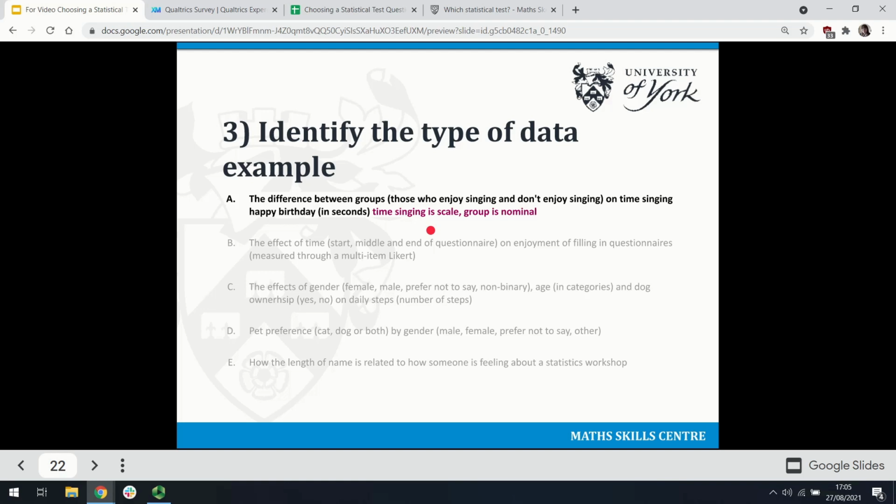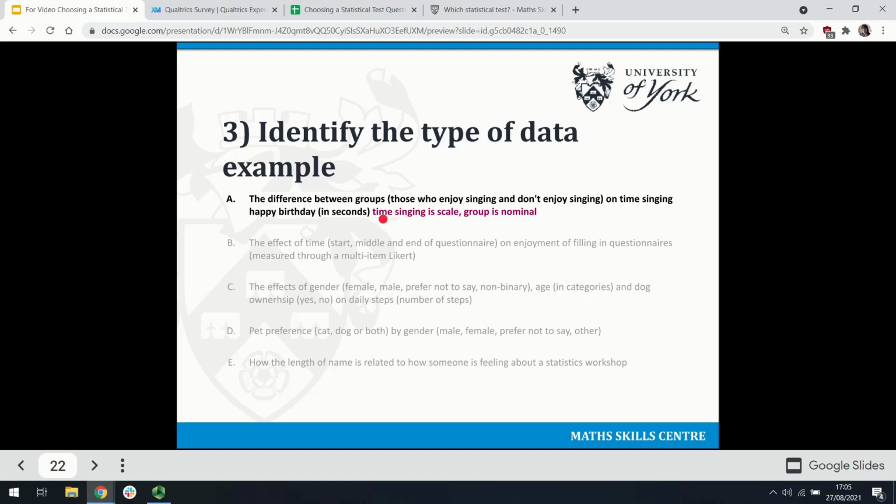So let's identify the type of data in each of these examples. We've got the time singing, so that's this time singing happy birthday. Now, we've measured it in seconds, and people could enter like 10.5 or just 11 or 26. That's scale data.